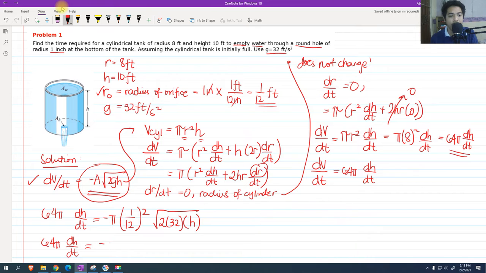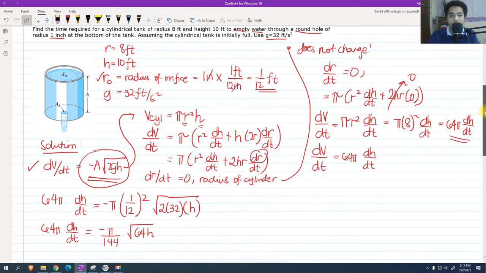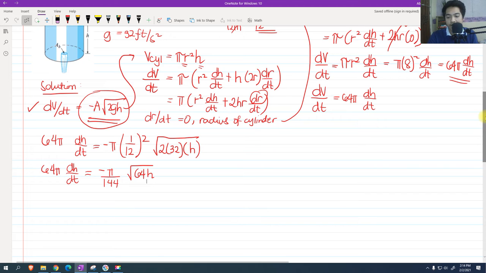So we have 64 pi dh over dt equals negative pi over 144 times the square root of 64h. Since the square root of 64 is 8, I can factor it out.